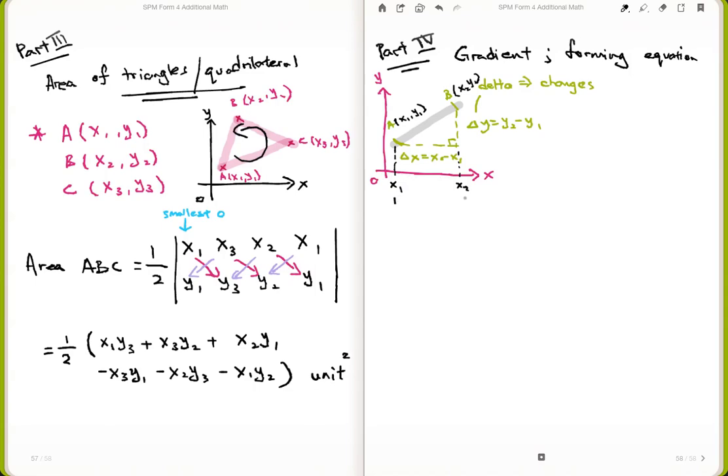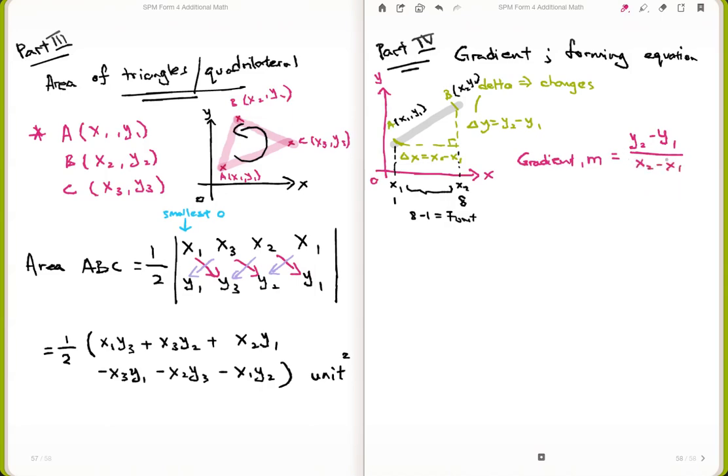So if this is 1 and this is 8, the distance here would be 8 subtract 1, therefore 7 units. The same goes with the y. So by knowing this concept, the gradient of a point, small m, is equal to the changes of y, y2 minus y1, over x2 minus x1.